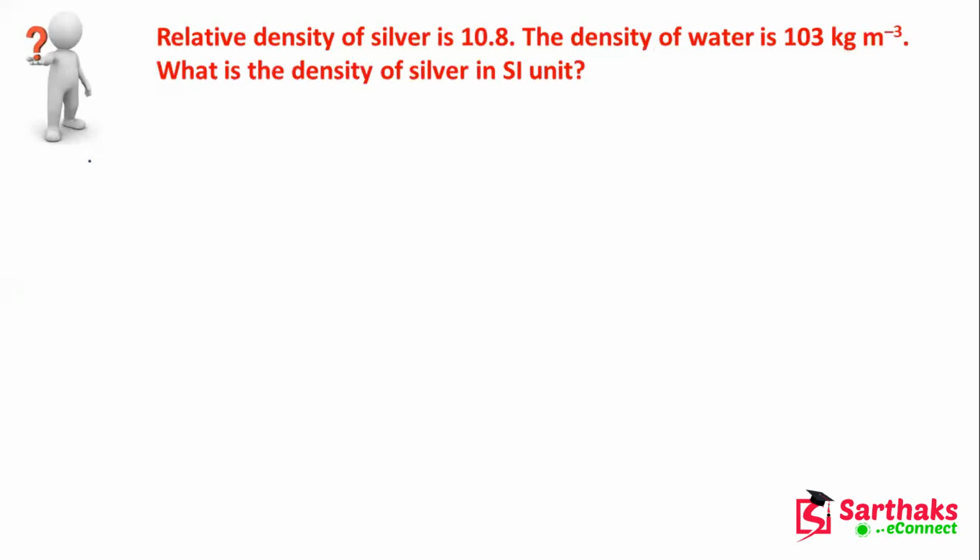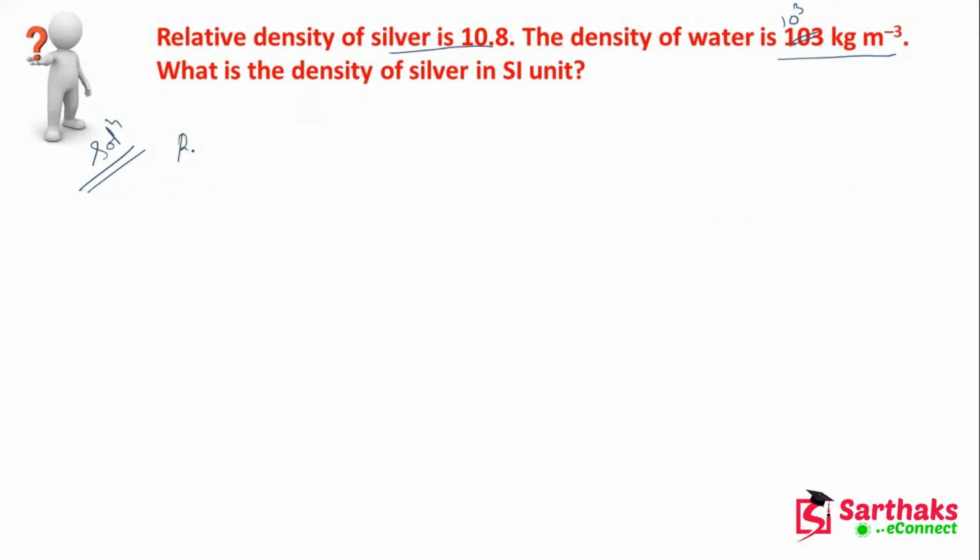Next, the relative density of silver is given as 10.8. The density of water is 10 to the power 3 kg per meter cube. What is the density of silver in SI unit?